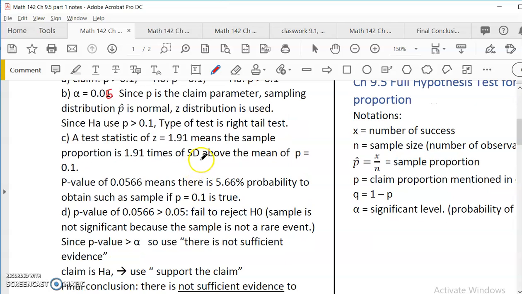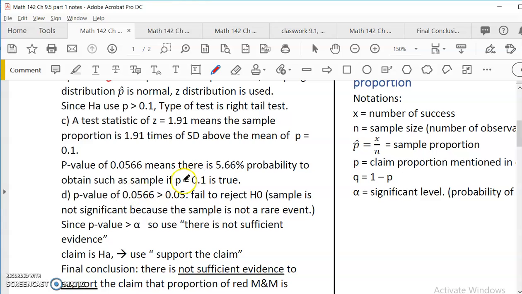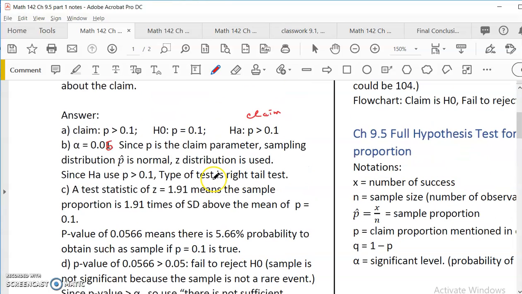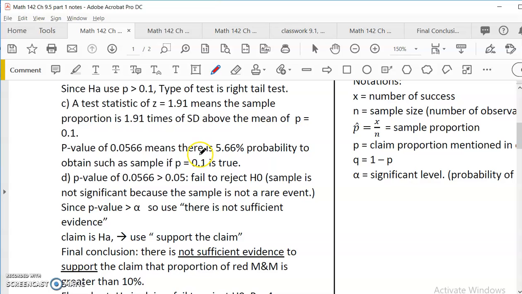If you look at how the p-hat distributes, this is 1.91 above 0.1, 1.91 times the standard deviation above it. A p-value of 0.0566 means that there is a 5.66% chance to obtain this sample or worse if p equal to 0.1 is true. If our null hypothesis is true, getting this sample is 5.66%.